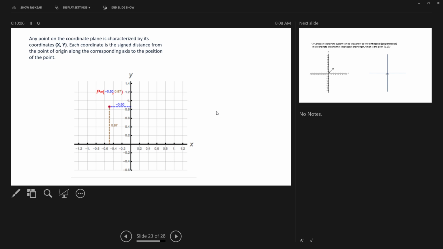So here we see the point P, where x is -0.5 and y is 0.87.